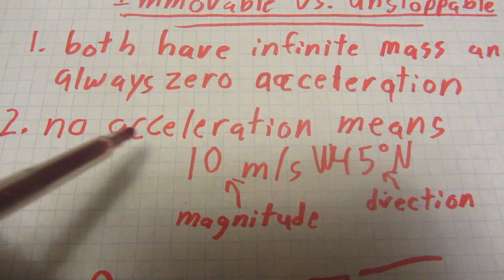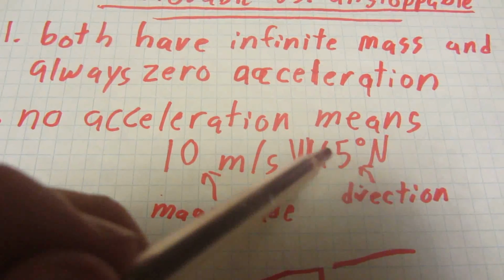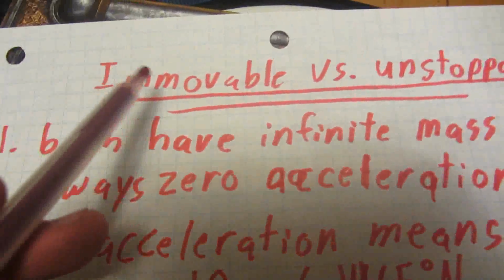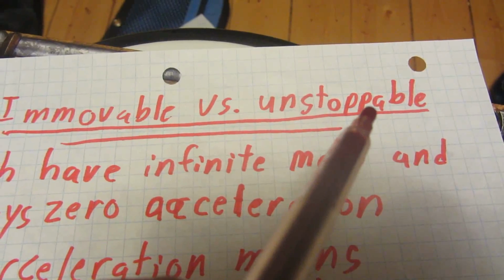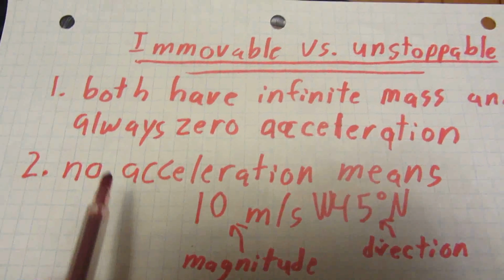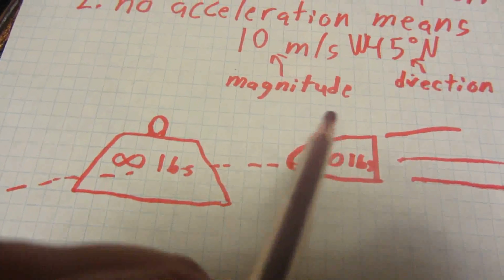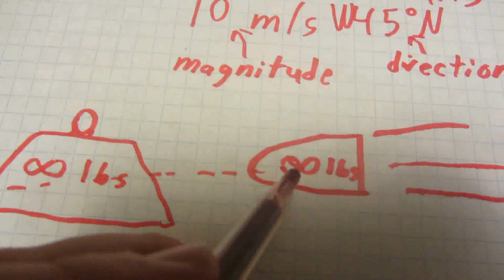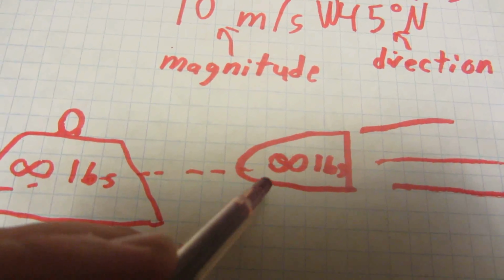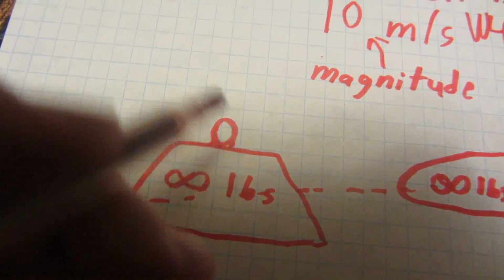Now, since acceleration is a change to a velocity's magnitude or its direction, then when an immovable object is hit by an unstoppable force, the only thing that can happen that will satisfy this rule of no acceleration is for the objects to pass right through each other without touching. That way, this object's speed and direction have not changed, and this object's speed and direction have not changed.